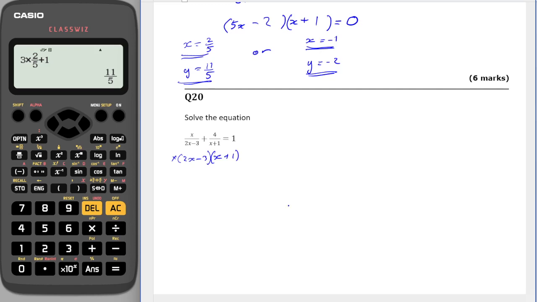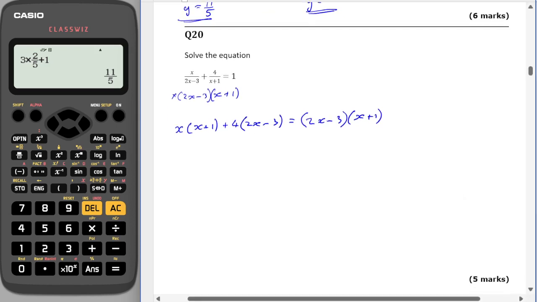So that would give me, if I times this first fraction by that, the denominator would cancel with this part, so I'd just be left with x times by x plus 1. And then when I multiply by this denominator would cancel, so I'd be left with 4 lots of 2x minus 3. And that's going to be equal to 2x minus 3 times by x plus 1.